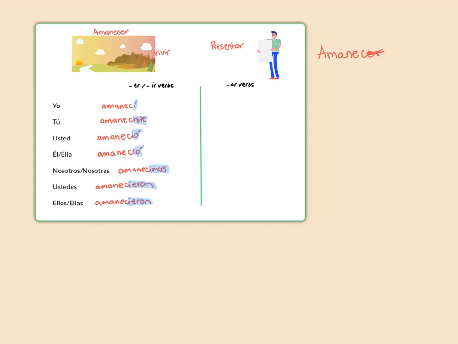So by saying yo amanecí, it would translate in English to something like I awoke. I can say something like yo amanecí cansada, and that would mean I awoke tired, or I awoke feeling tired.